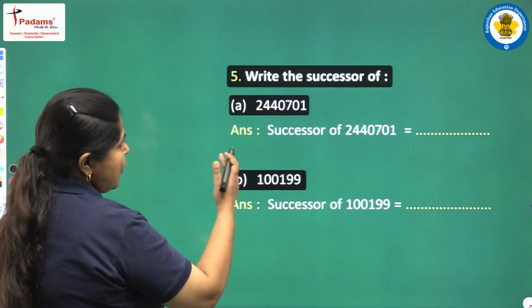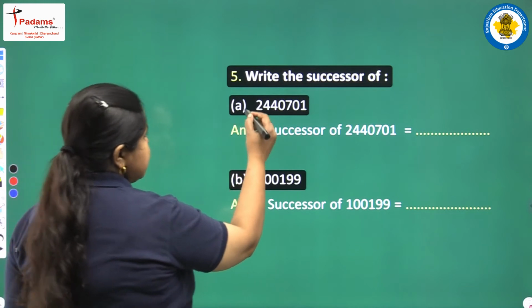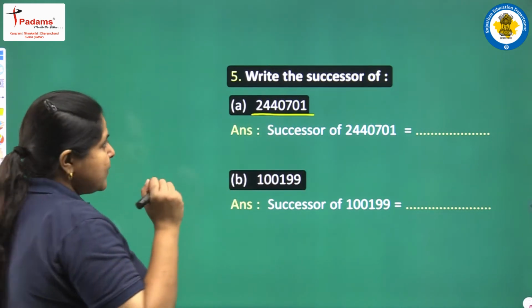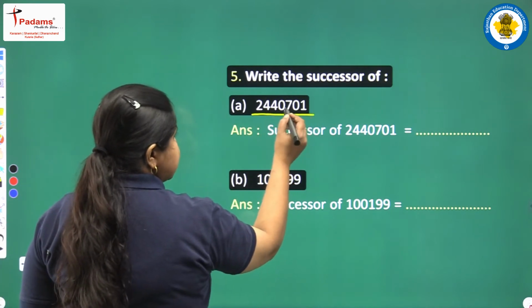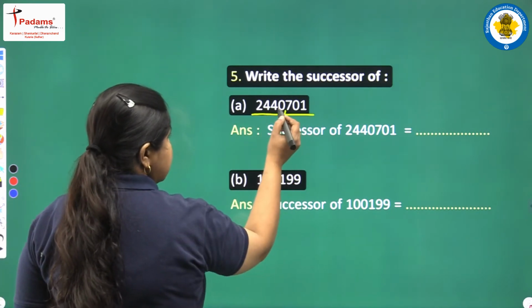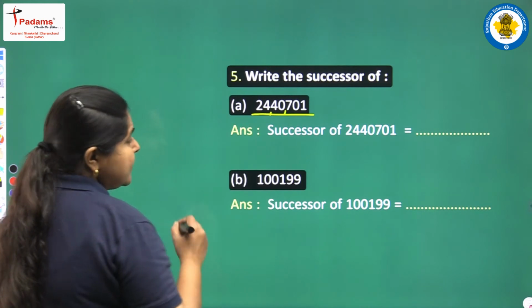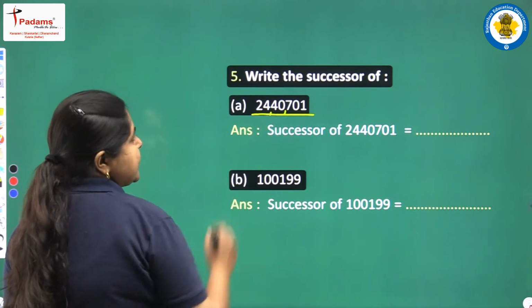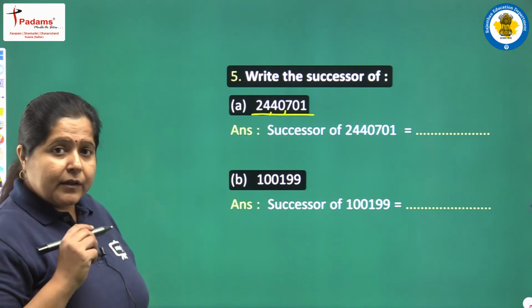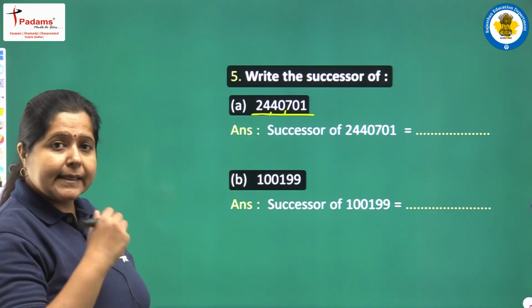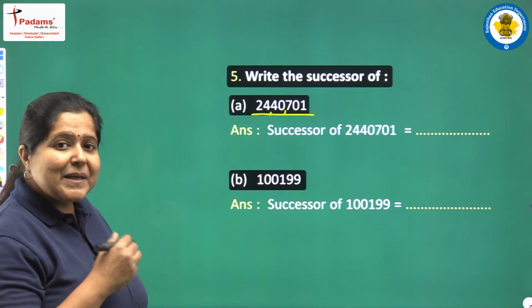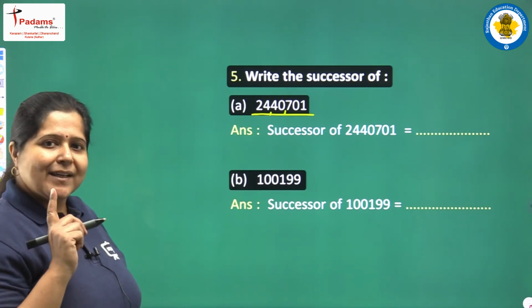Write the successor of the number given here. First identify this number. Let us mark the commas in between. It's ones, tens, hundreds, a comma, 1000, 10,000, another comma, lakh, 10 lakh. So it is 24,40,701. We now need to write its successor. To find the successor, we simply add 1 to its units place.